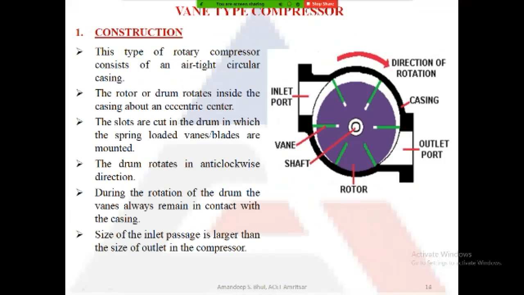Now in this compressor, if you see this diagram, the black part is the outer casing of the compressor, and in this we have a circular drum. This purple part is the circular rotor, or the drum inside.